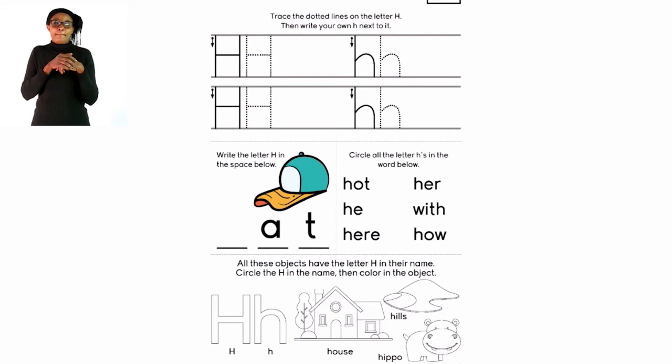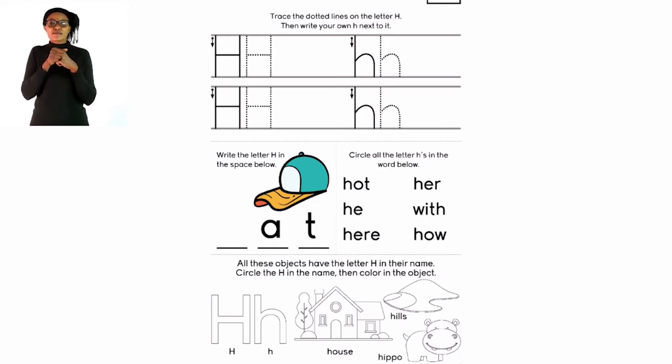Let's go to the next block there. Circle all the letter H's in the words below. Let's look at the words there. Hot. Does the word hot start with H? Yes.